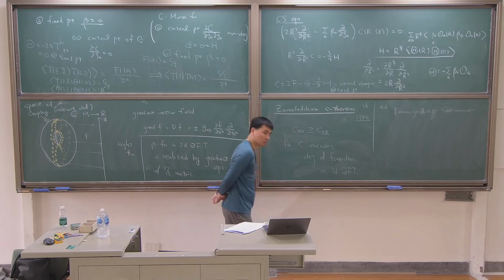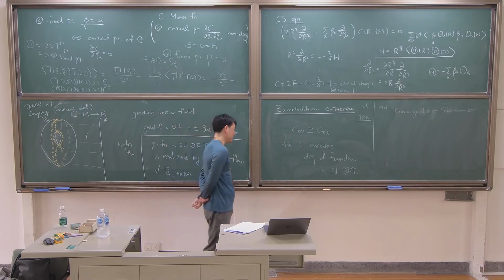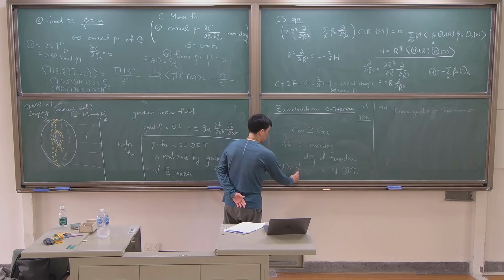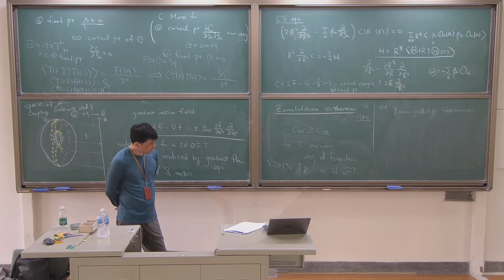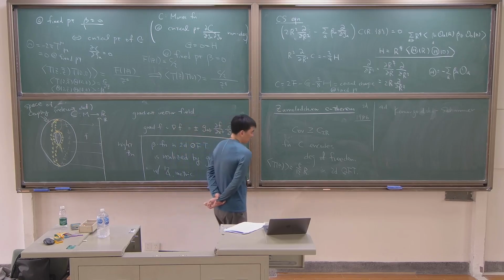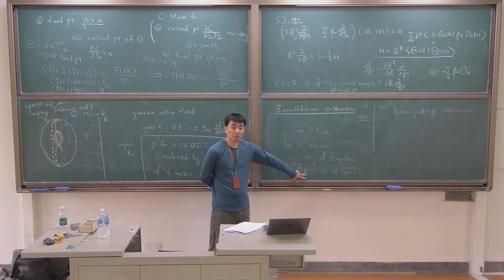This C appears as the so-called anomaly coefficient in 2D. The stress energy tensor trace is 1/12 C times R, like this way. I forgot if it's a minus sign, plus or minus, I don't remember. So this R is a curvature.